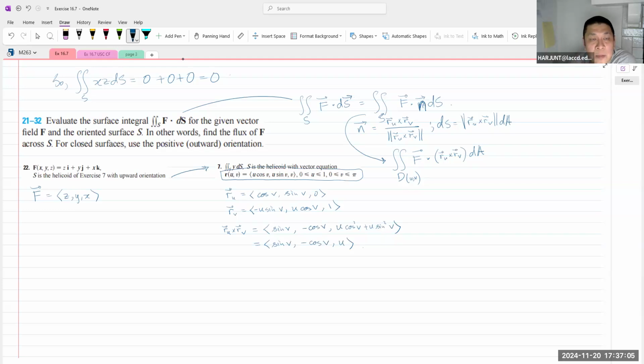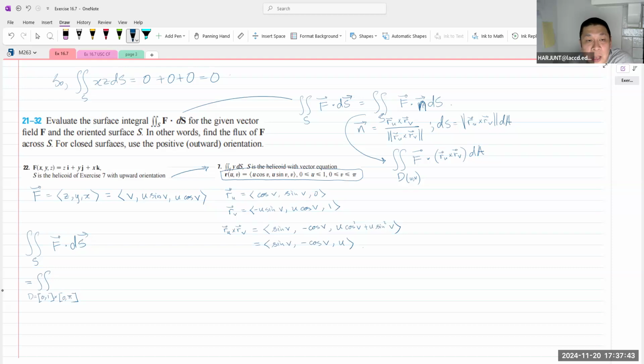Okay, now using the same parameterization in terms of u and phi, then the z is phi, the y will be u sine phi, and the x will be u cosine phi. Now put these things together: the double integral over S of F dot dS now becomes the double integral over the domain D, which is 0 to 1 for u by 0 to pi for v.